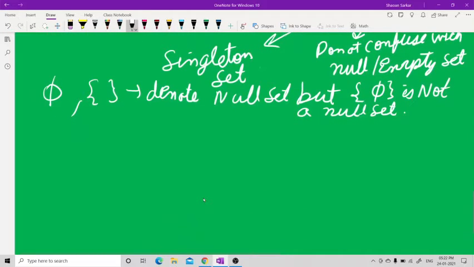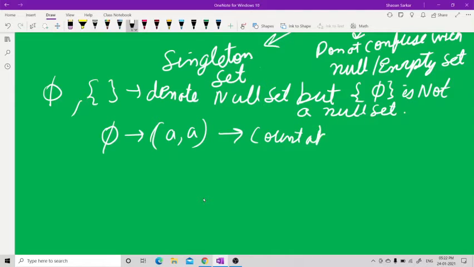Now see, a singleton can be written in terms of an interval a comma a. This is a countable interval. This is the only difference, countable interval. That's why I introduced the singleton. Suppose I have only 2.